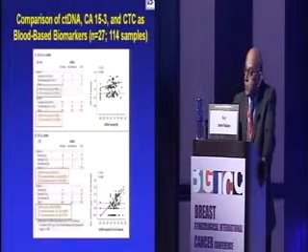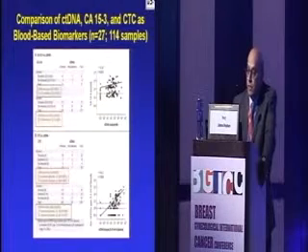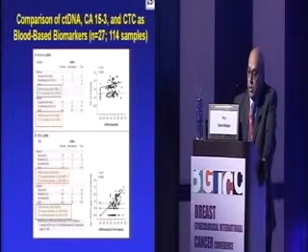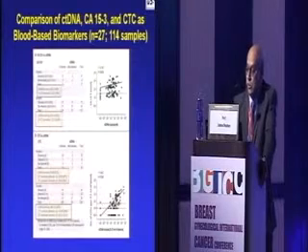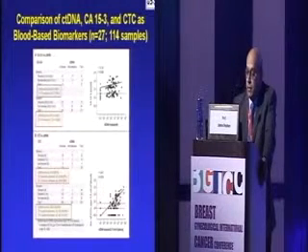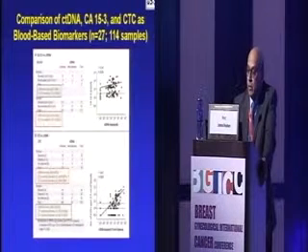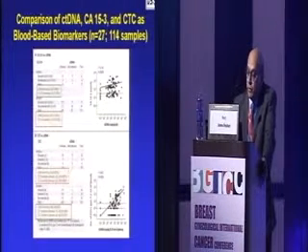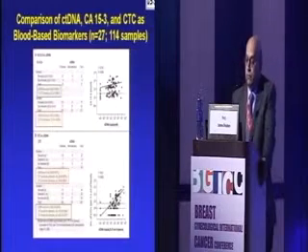The dashed line across there is the cutoff, a cutoff value of 32 units per milliliter of CA15.3, which is the threshold. And you can see in this graph that there are many patients who have high levels of ctDNA but don't make the threshold of CA15.3.